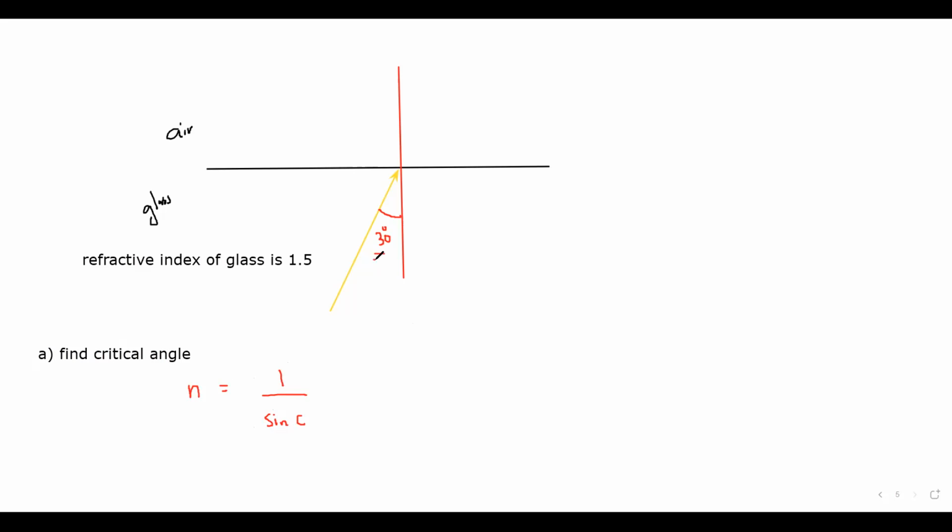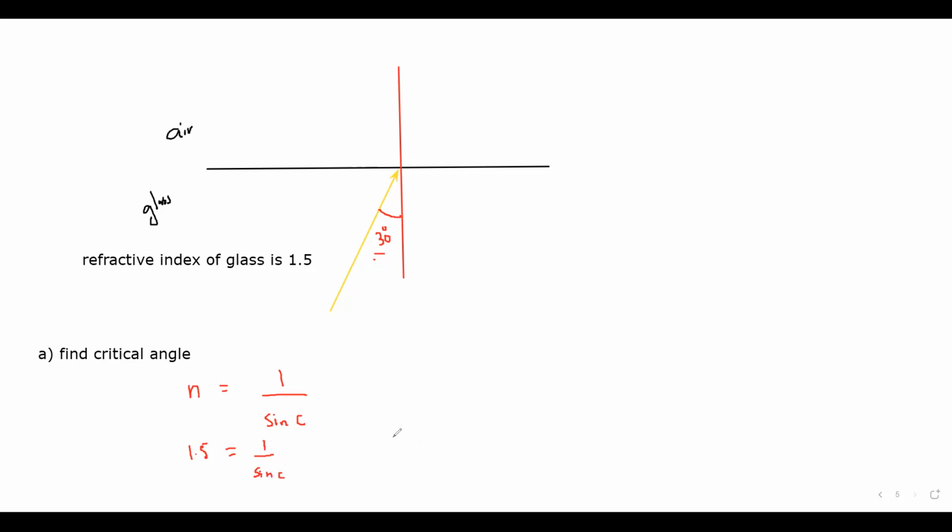We don't know whether this 30 can be critical, it may not be critical. The angle of incidence is 30, but we don't know if 30 is a critical angle or not. So we are finding it. So we will consider this as unknown. Refractive index will be 1.5. Refractive index 1.5 equals 1 over sin c.